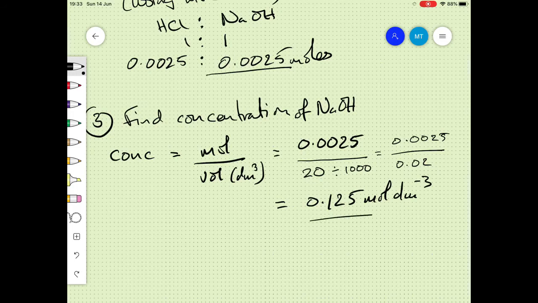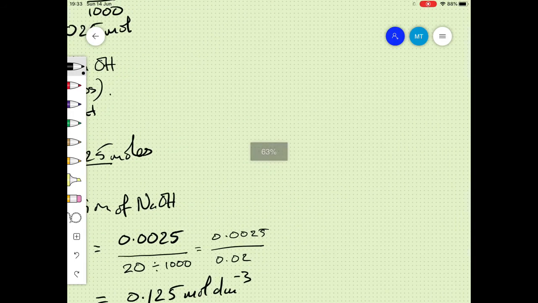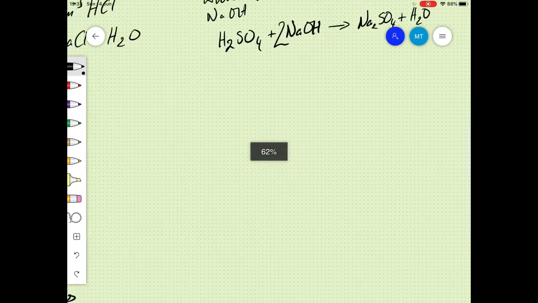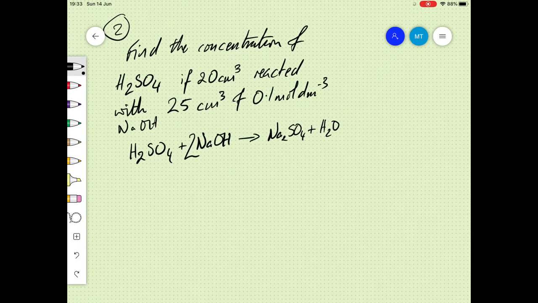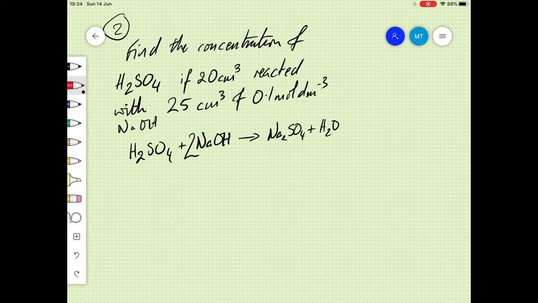Now we can make this a little bit trickier by not having a 1-to-1 ratio. So we've got an example here. Example 2, find the concentration of H2SO4 if 20 centimeters cubed react with 25 centimeters cubed of 0.1 moles per decimeter cubed sodium hydroxide. So the first thing is we know two things about sodium hydroxide, so we can find the moles of sodium hydroxide.